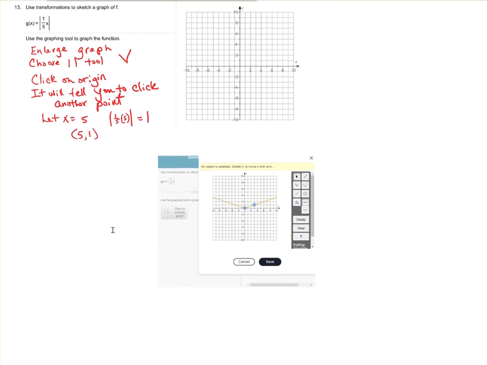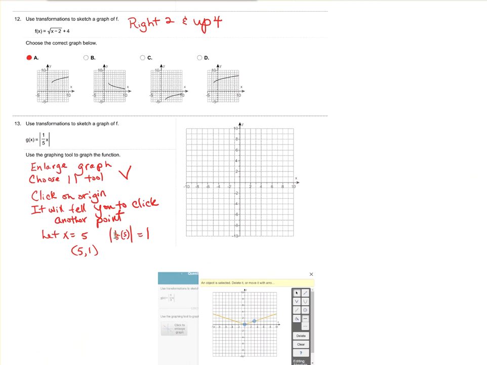All right, and our last one is another using the transformation and the graphing tool, 1/5 x. All right, so enlarge the graph and choose the absolute value tool, which is this, V. So you'll choose that. You'll click on the origin, and it will tell you up here to click on another point.